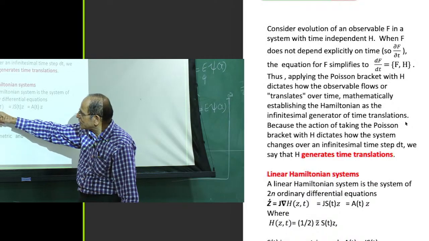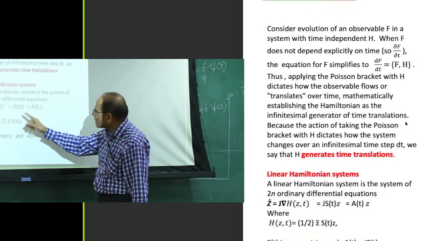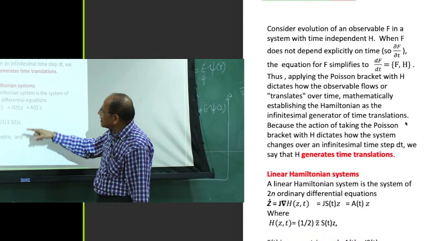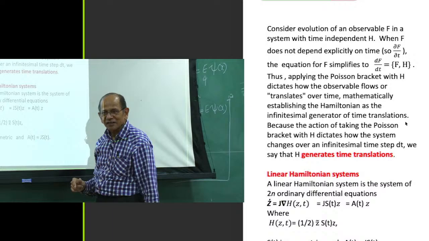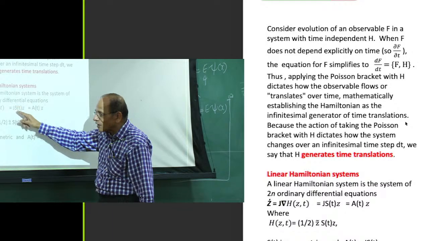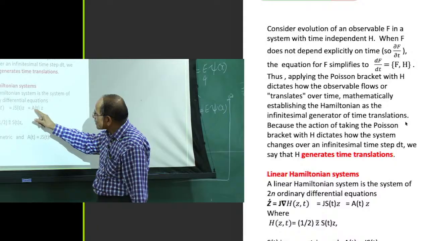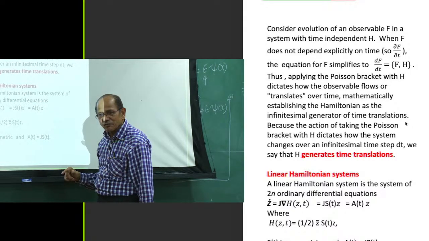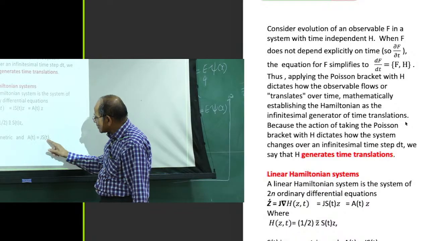Z dot is J grad H. So use this form and calculate. It is J times S acting on Z. That is as simple as that. So this is linear now in Z. Let us call the matrix J into S to be some matrix A, which is a square matrix. That is this matrix.